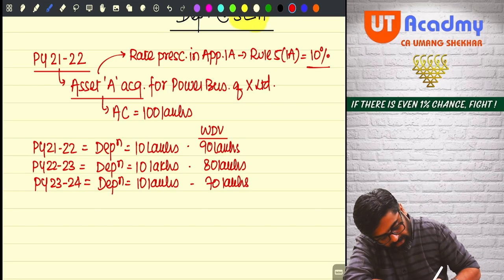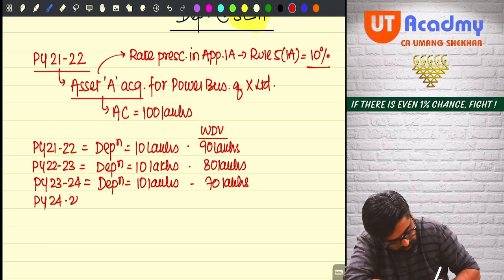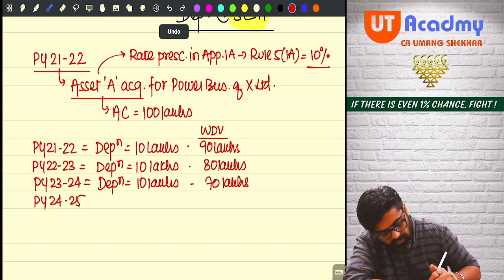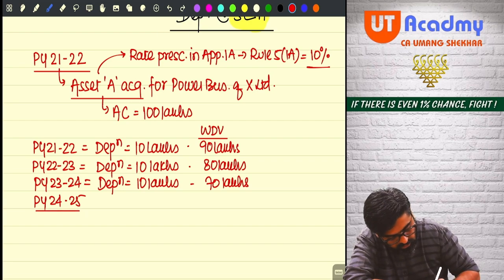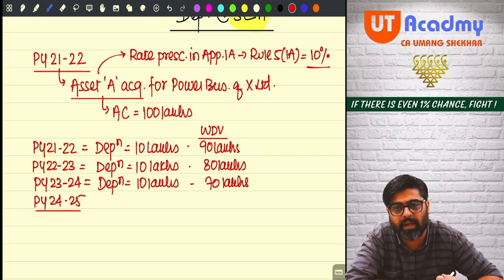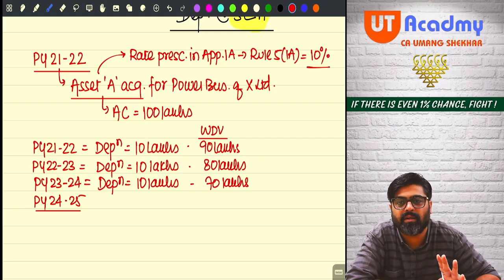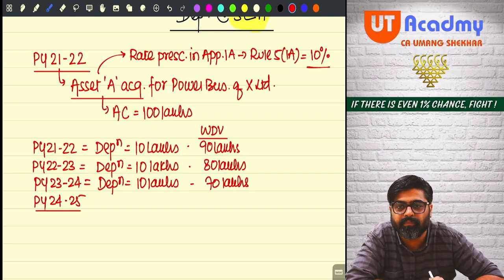Now if I come to my previous year, 24-25 friends. So in this year also I would have calculated 10 lakh depreciation and I would have claimed. But to do that, I must have that asset in my business as on the last day of the previous year.